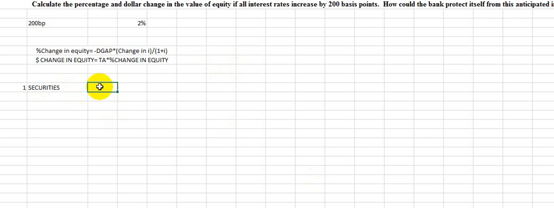It has a duration of 5 years with a 4% interest rate. So let's start: the percentage change and the dollar change for securities.